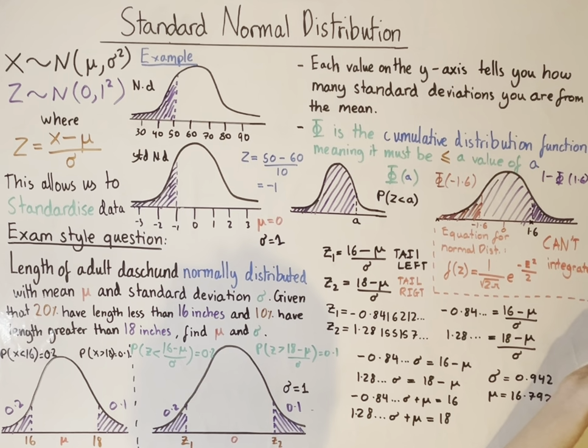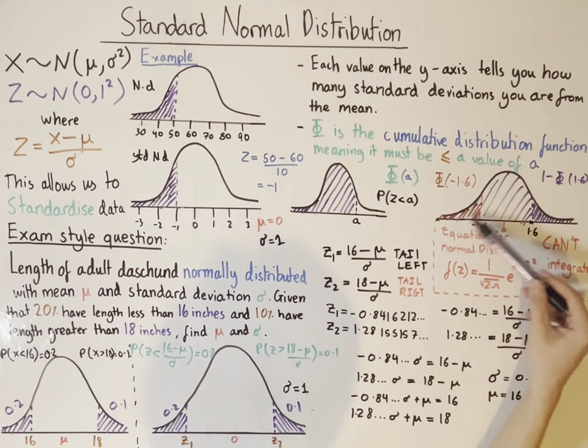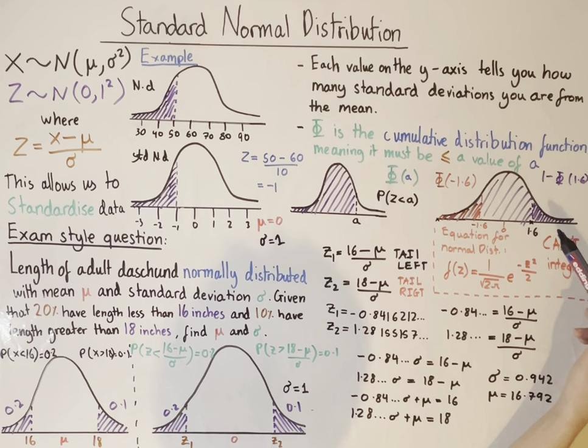Either we use our exact z values, or we approximate. So we never truly get a definite area under the curve for this.